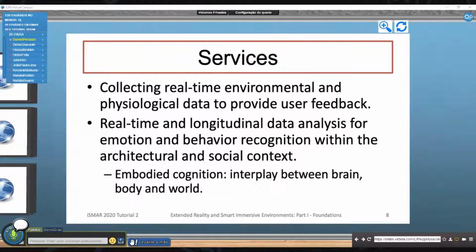The user is in a built environment where the user interacts with other users, and therefore there is some social component there. In order to do that effectively, we want to provide support for embodied cognition. In other words, understand, record and leverage the interplay between brain, body, and world.